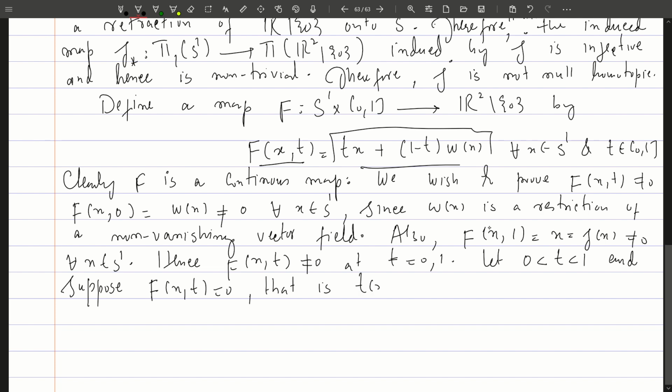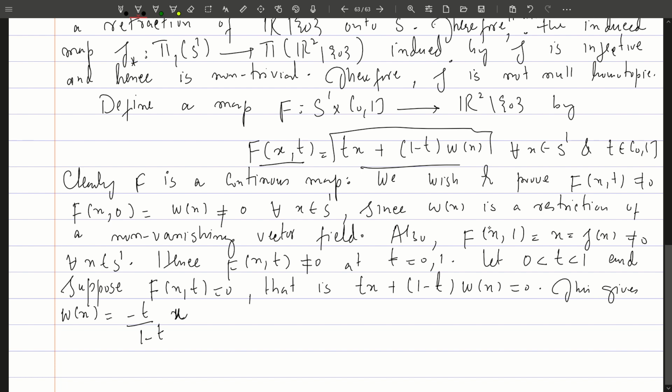That is, tx plus (1 minus t) times w of x is 0. So this gives w of x is minus t over 1 minus t times x.